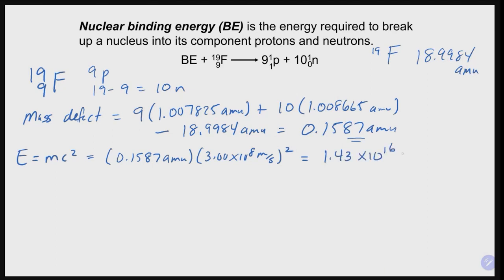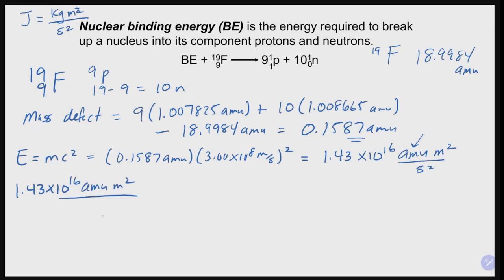My units here are AMU times meters squared divided by seconds squared. One relationship that you might remember is a joule is equal to a kilogram times a meter squared divided by second squared. So that is the same thing as a joule. We are almost there, except that we are at AMU and not kilograms. So you could take this and do a conversion to convert us into kilograms. And we can use our good friend, Mr.